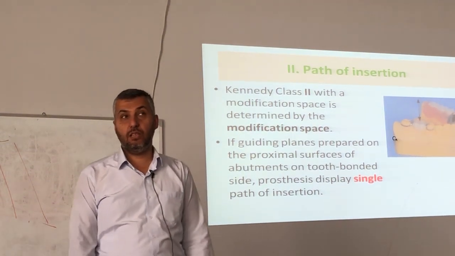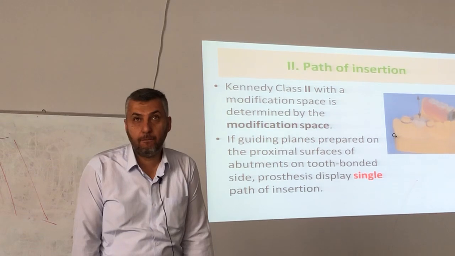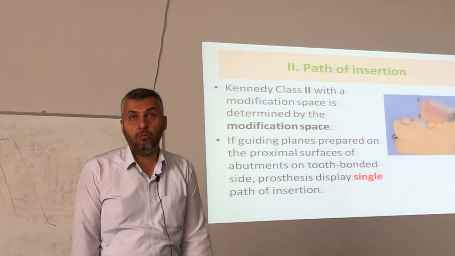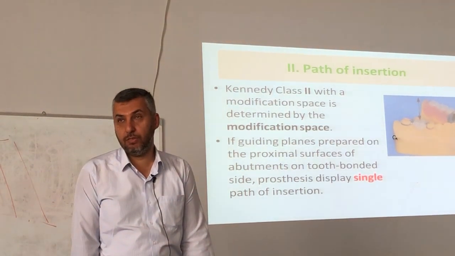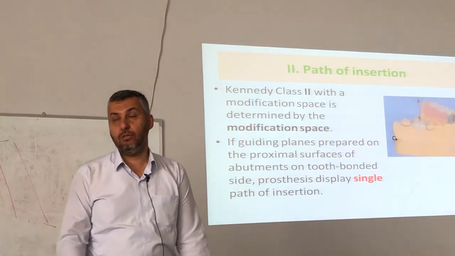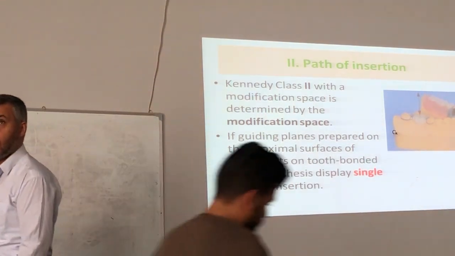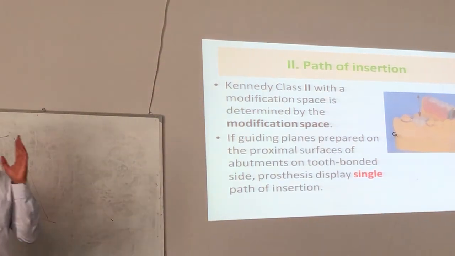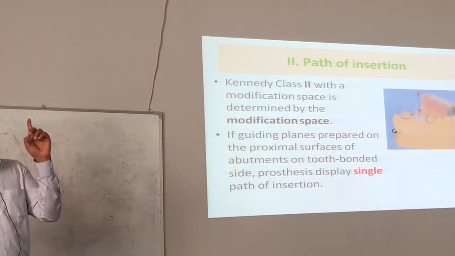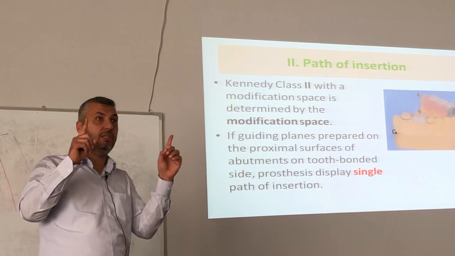In case of class 3 and 4, what do you think? How many paths of insertion do we have? Okay, one path. Why? Because I already have two surfaces. These two surfaces will guide me.